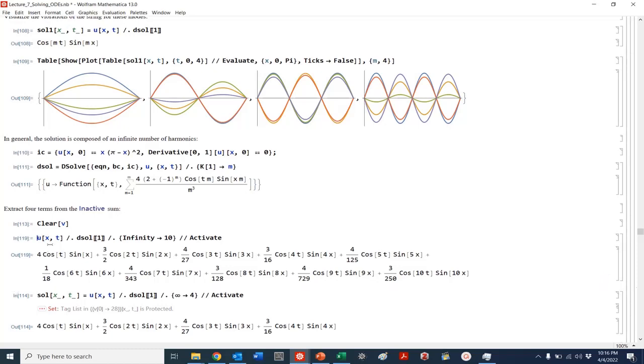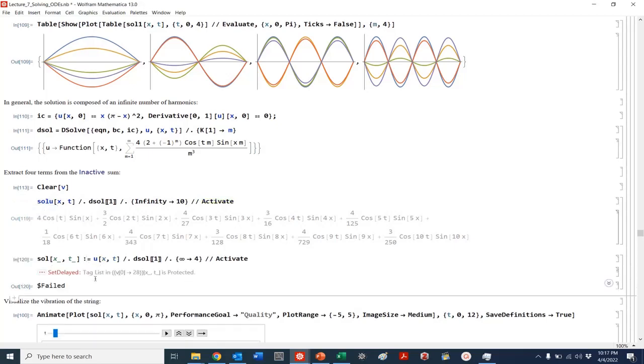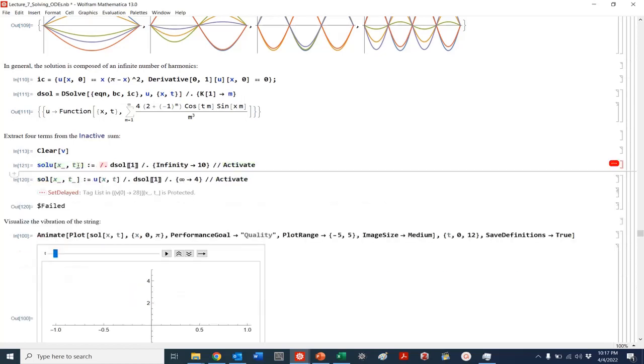So here we've got our solution. You set that equal. Solution x, comma, t, comma, set equal here to u of x and t.